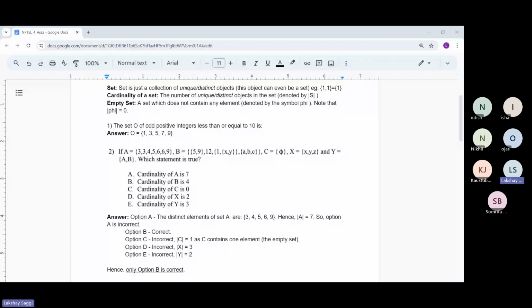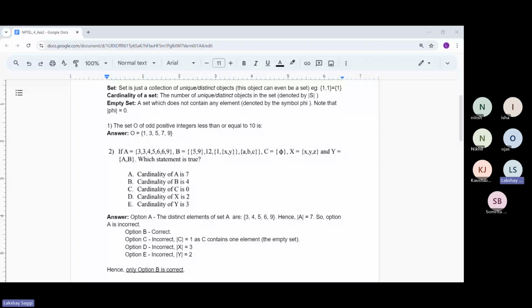So I hope this has not confused you. Actually, maybe I'll just write it here also now. Phi is a subset of every set.